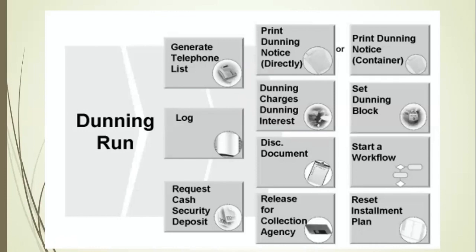Then if everything is gone and nothing is working, we generate a disconnection document for the field person who is in the field. We send them a disconnection document to disconnect the connection. And at the end, it will go to the collection agency.